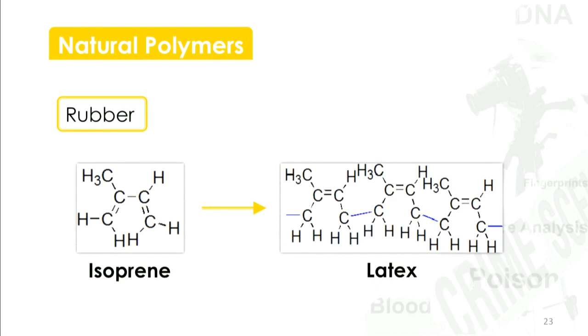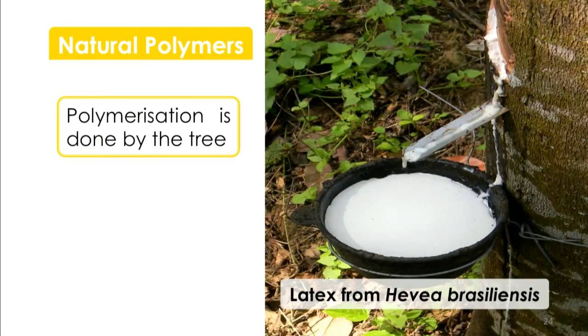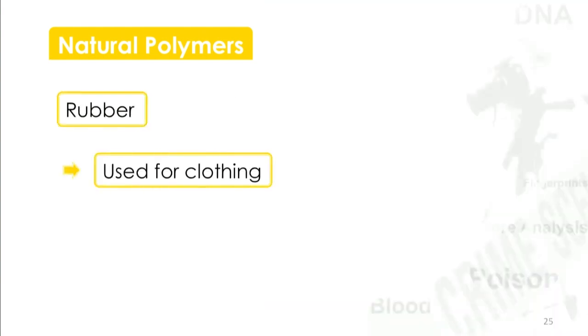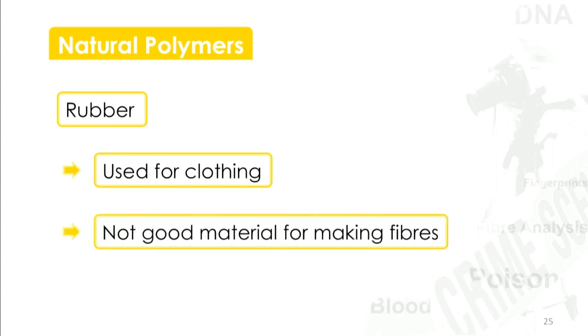And that polymerization is actually done by the tree, and the crude latex, which is a very sticky liquid form of the polymer, just drips out of the tree when it's cut in the right manner. Rubber, of course, has been used for clothing. It's much better for boots rather than clothing, and it's not a good material for making fibers.